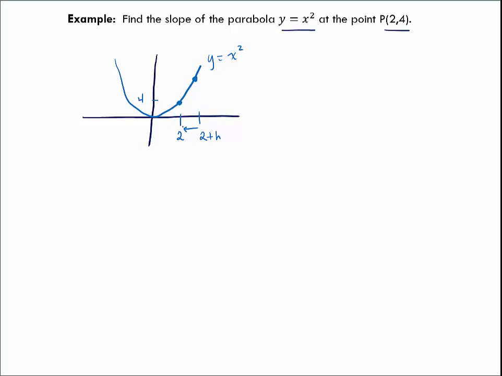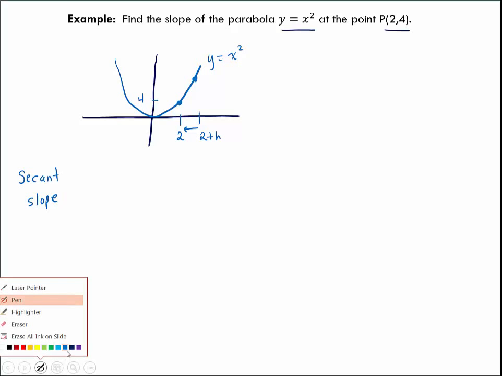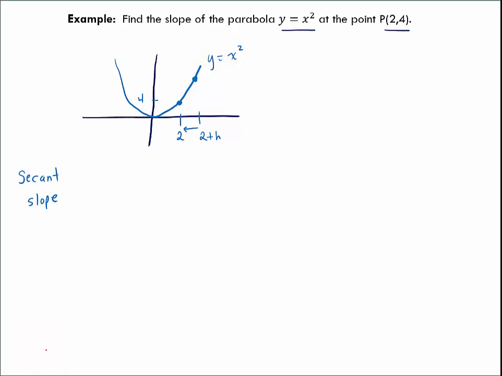So to find this secant slope, which again would be the slope if I drew a line between these 2 points, so that becomes my secant line. That's my secant line.